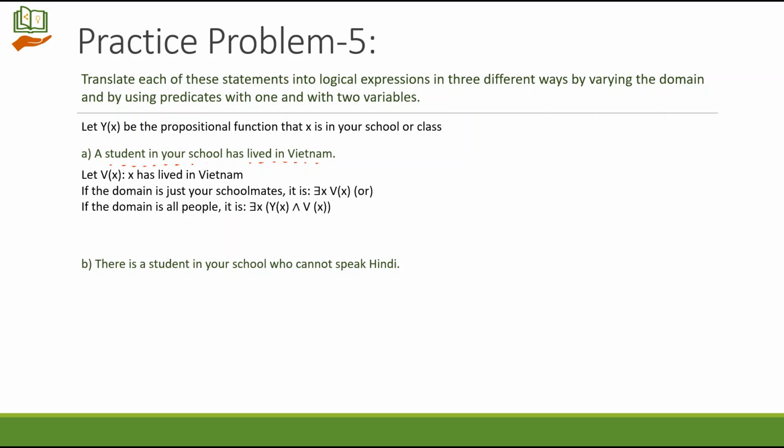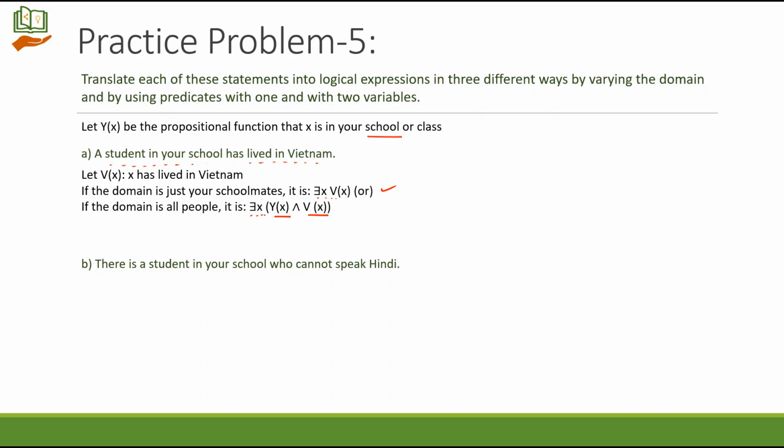If the domain is just your schoolmates or classmates, it can be expressed as there is a student who has lived in Vietnam. This is one way of expressing it, with the domain being just your schoolmates. When the domain is all people, we have to bring in there is a student, and we have to combine both the propositional functions using the conjunction operation. The first function is x is a student of your school and v of x is x has lived in Vietnam.